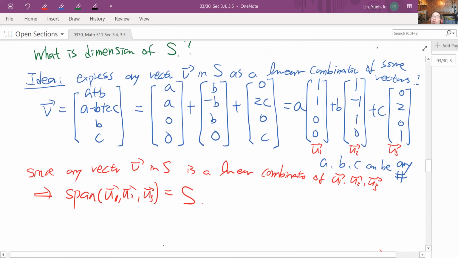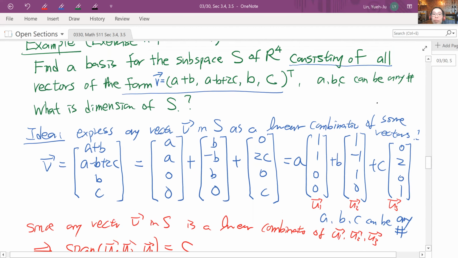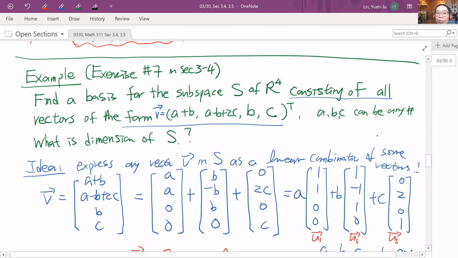So that's the first thing we need to realize. We need to find the vectors. Before we can find the basis, we need to find which vectors are going to be the spanning set. Because remember, first of all, we don't know the dimension of this subspace S to start with. It's a subspace of R4, so we don't know.